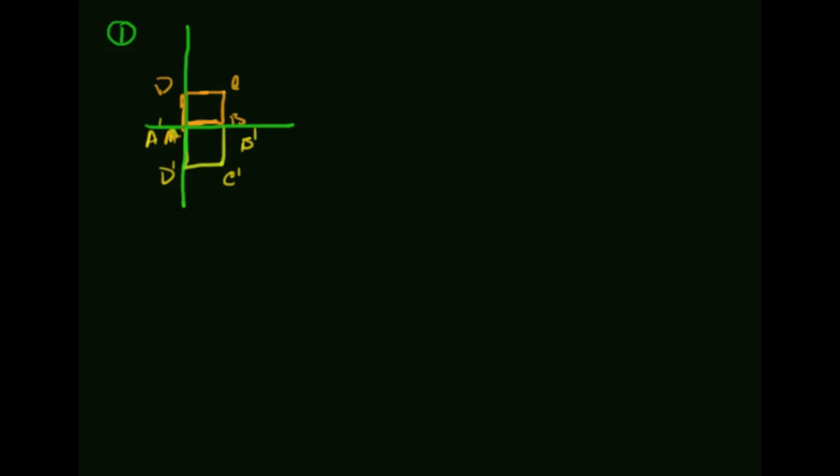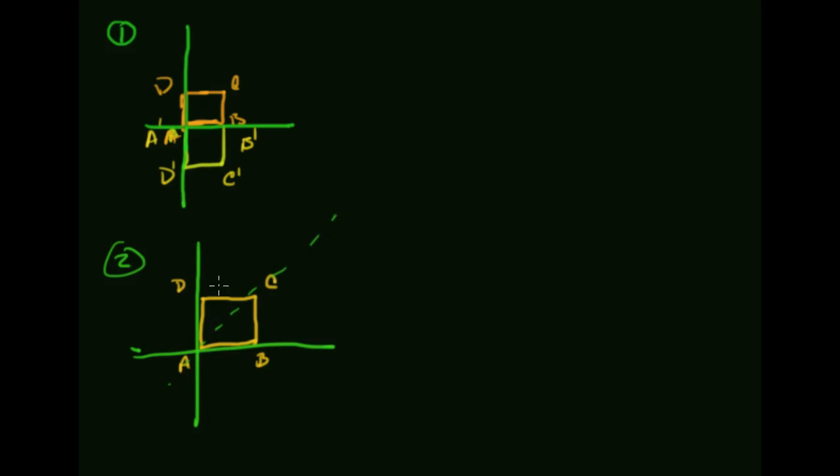All right, so let's look at number 2 here. Number 2 starts with the unit square again, right? Which is A, B, C, and D. Then we're going to reflect this over the line y equals x.